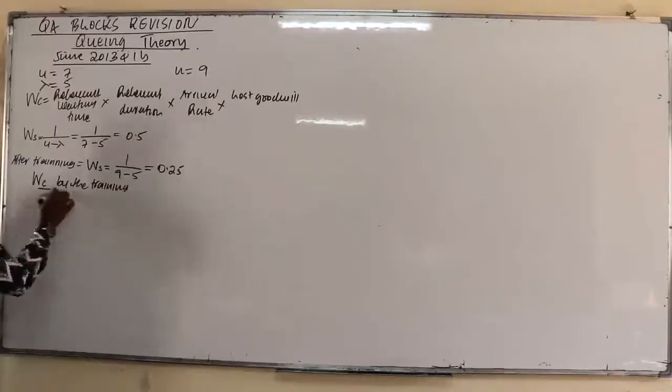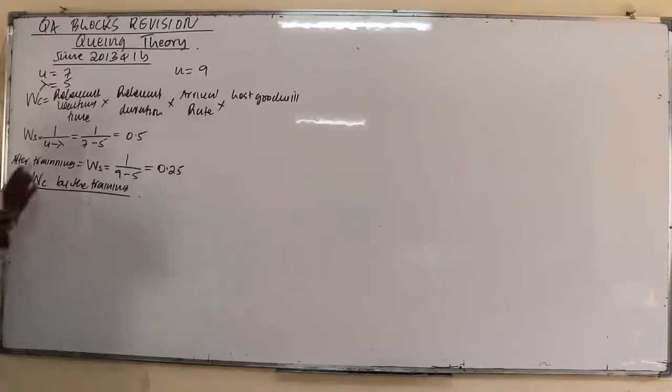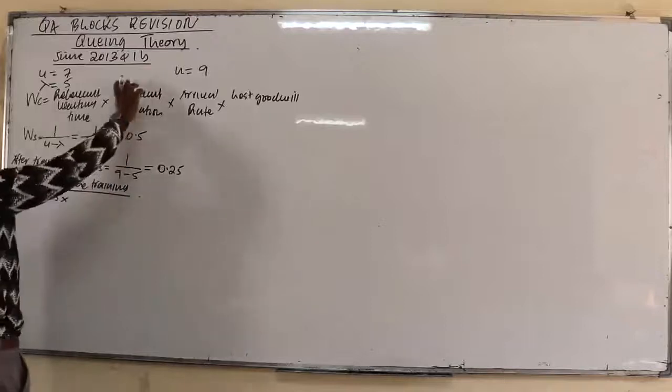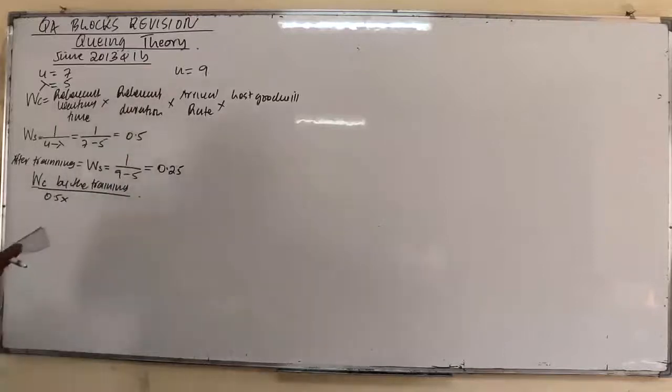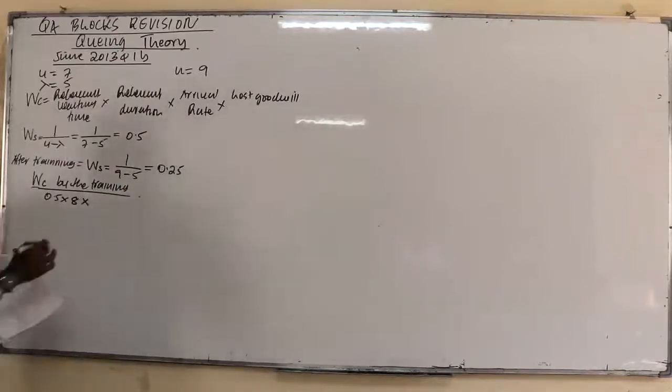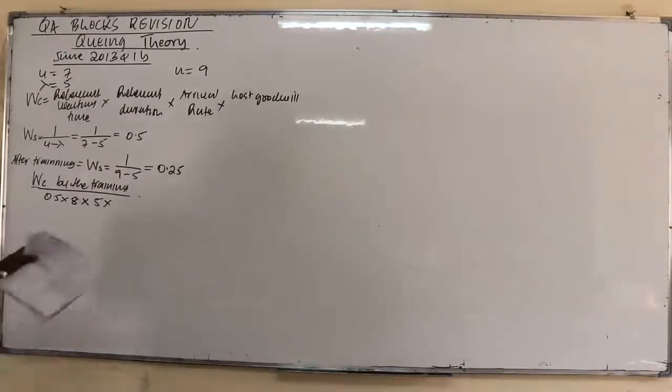So now let's get the waiting cost before the training. You take the relevant waiting time, which before the training was 0.5. You multiply by the relevant duration, and you're told that the facility is open for 8 hours per day. Then you multiply by the arrival rate, which is 5, and then you multiply by the lost goodwill.